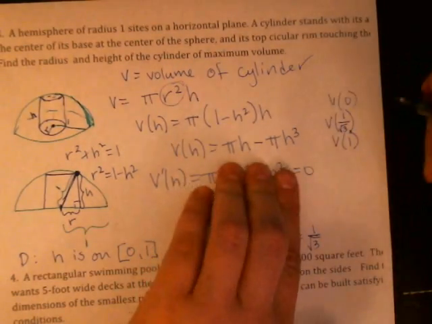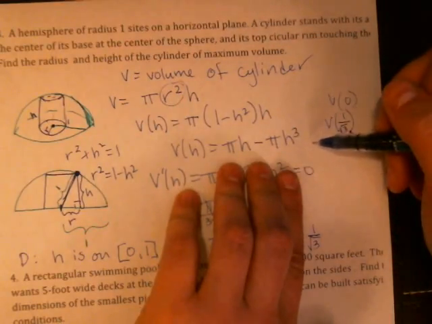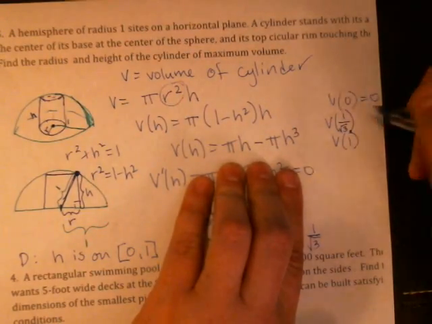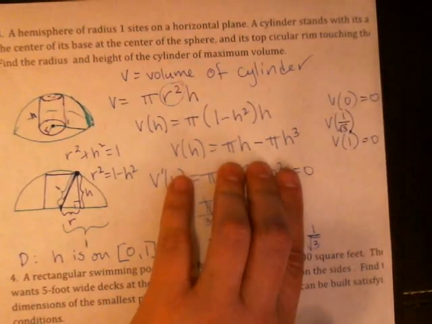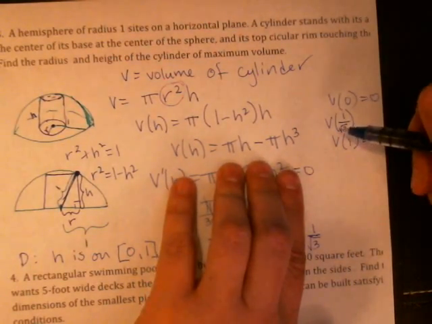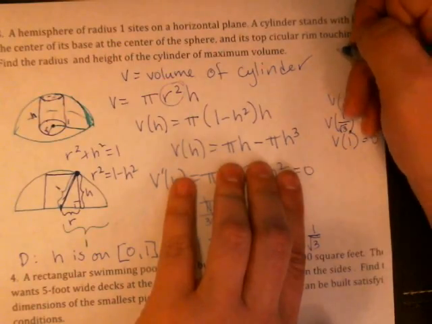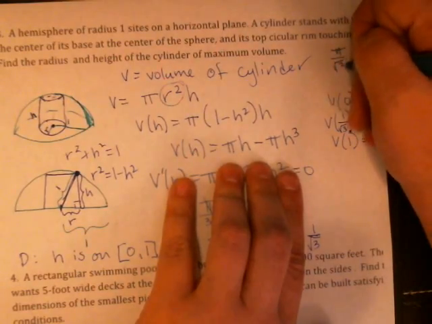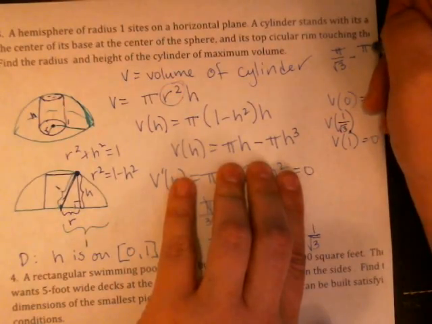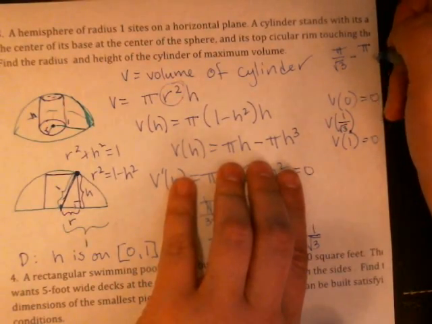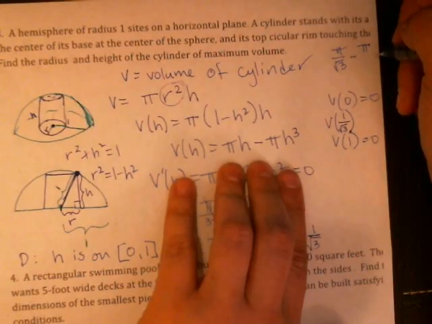So back to my formula, when h is 0, v is 0. When h is 1, I get pi minus pi, which is 0. And when h is 1 over root 3, let me do just a little scratch work, I get pi over root 3 minus pi times 1 over root 3 cubed.